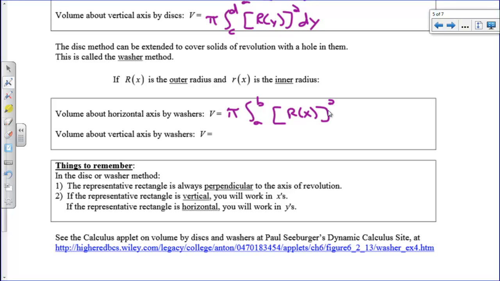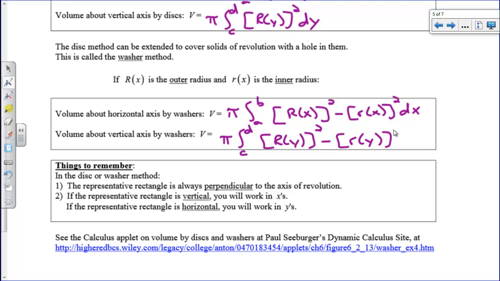That's going to be the full body, and then we're going to subtract off the inside radius squared. That's just subtracting off the hole, is all we're doing there. And of course if we have a vertical axis of revolution, we're going to have horizontal rectangles. We're going to have pi times the integral from, I'll use c and d again, of the outside radius in terms of y squared minus the inside radius in terms of y squared dy.